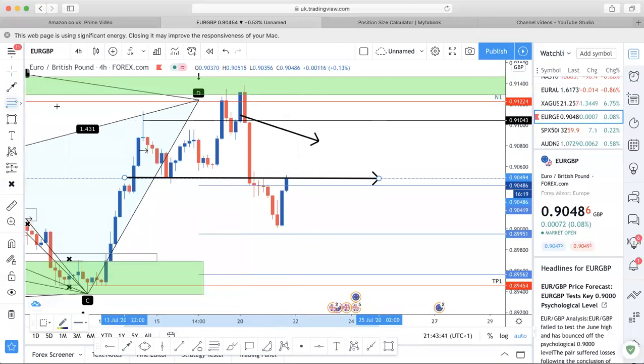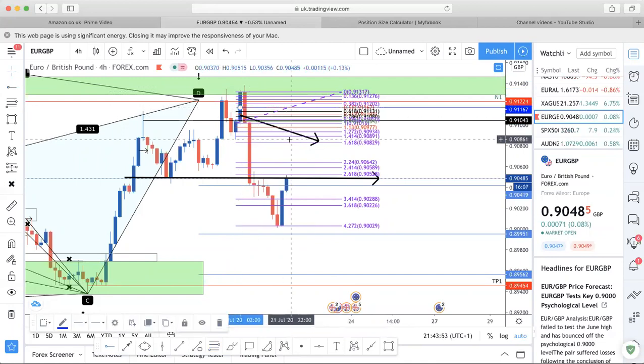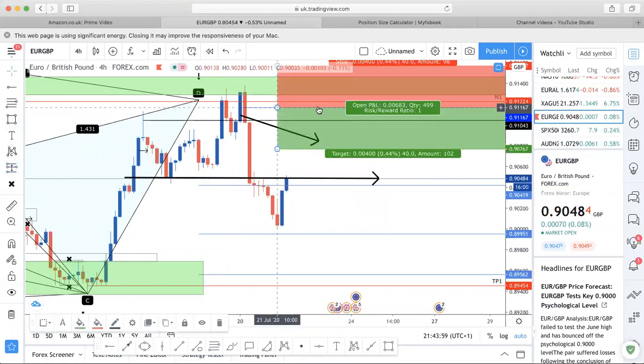So now I am going to take my trade right here. My entry is going to be at the 50%. And this is going to be my setup for this trade.